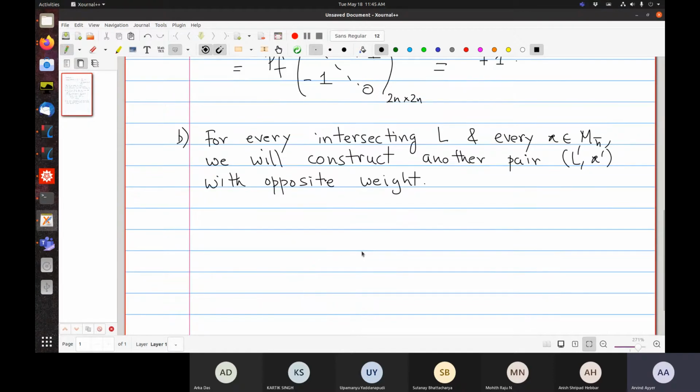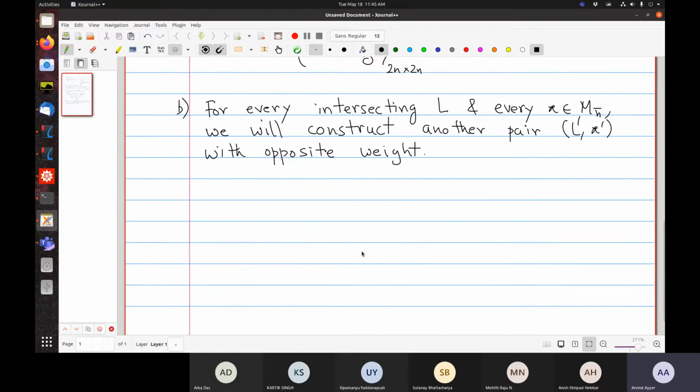And okay, so suppose L is such an intersecting NILP.